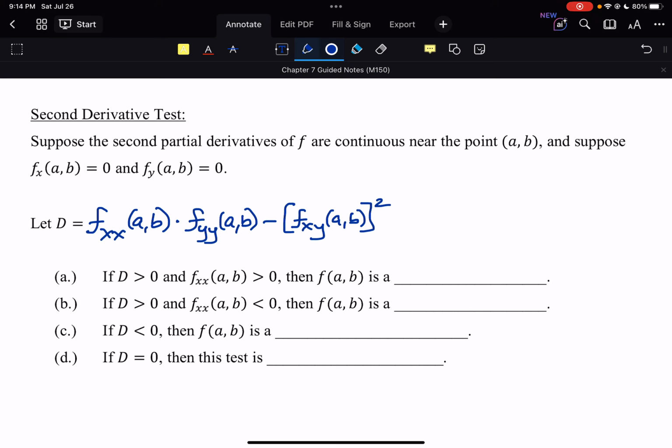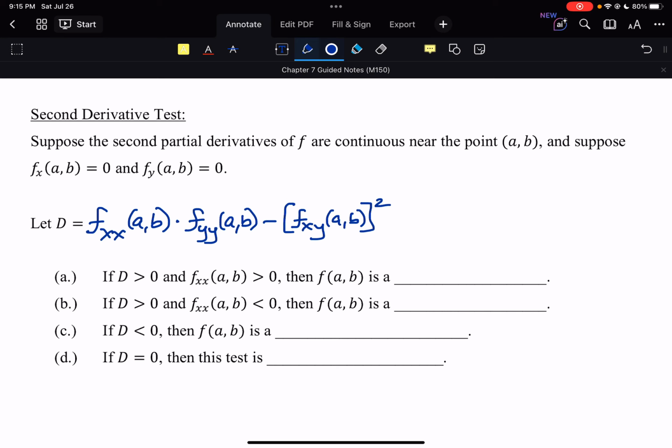So we have f_xx times f_yy minus f_xy squared, and we need to plug the point (a, b) into this formula. Once we find all those second partial derivatives, the result that we get for D is going to give us information.